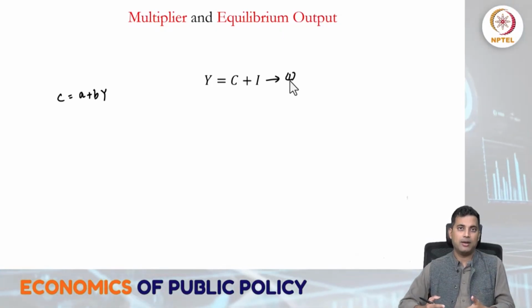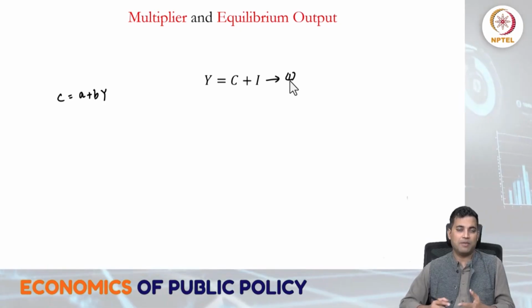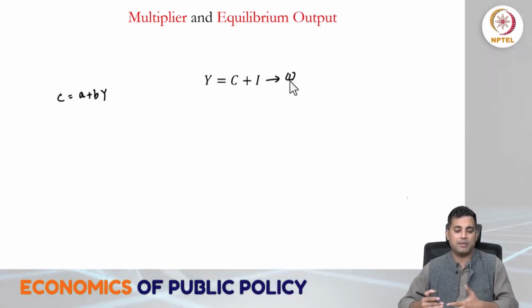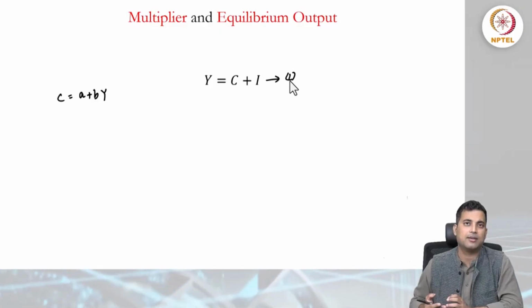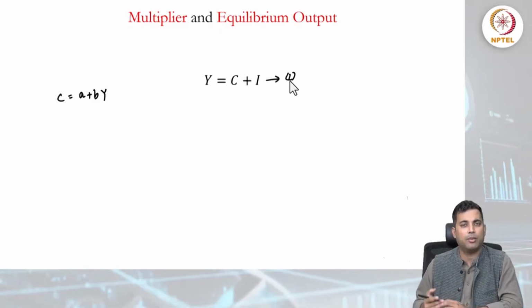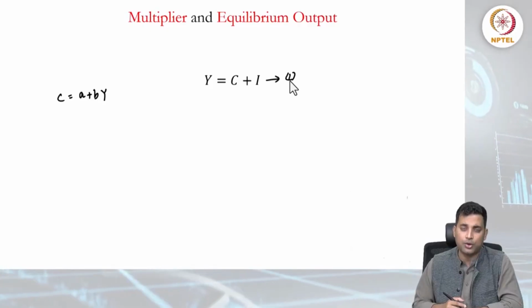We haven't included government expenditure, even within the closed economy. Government expenditure we will bring in later. Let us first try to understand what the Keynesian multiplier is.